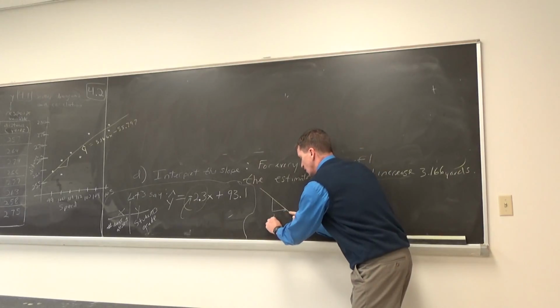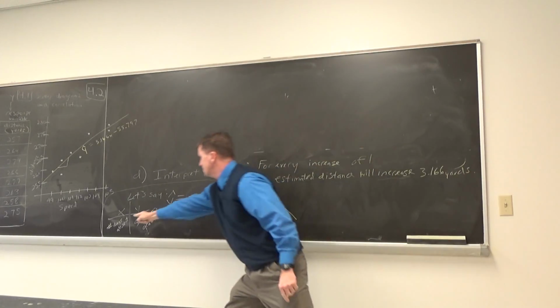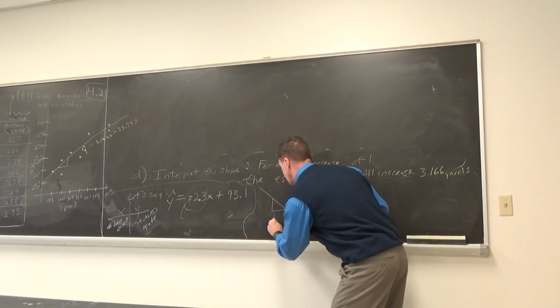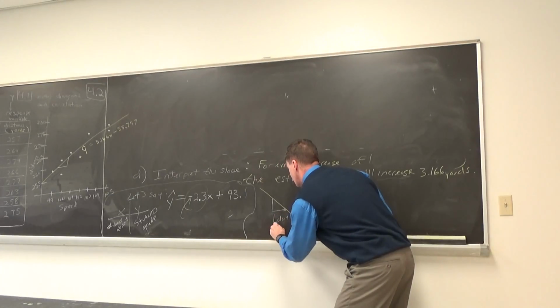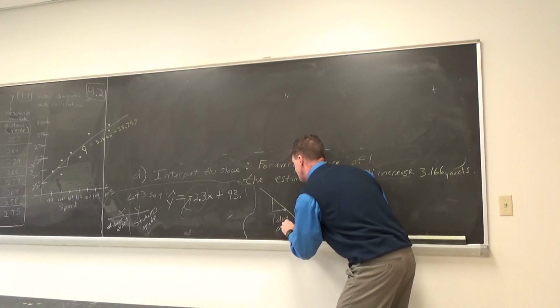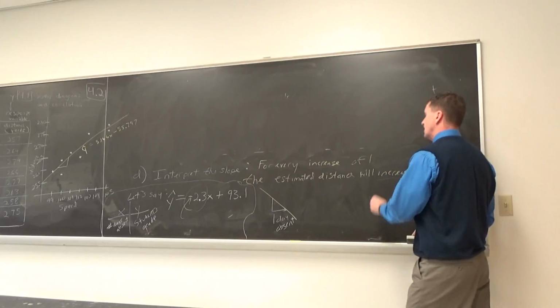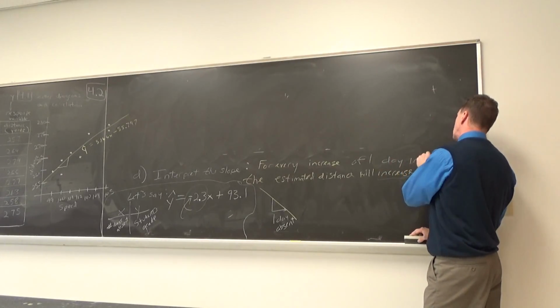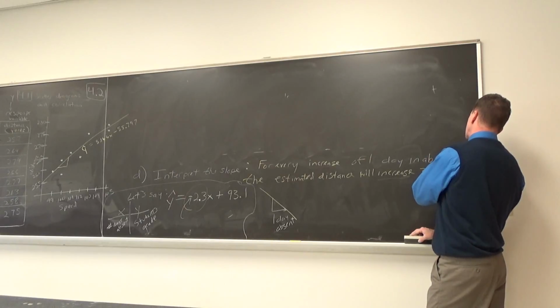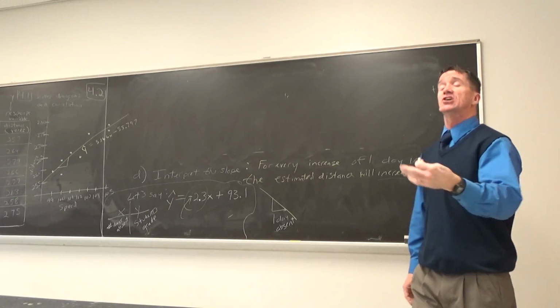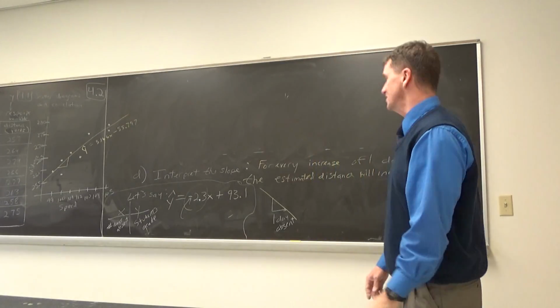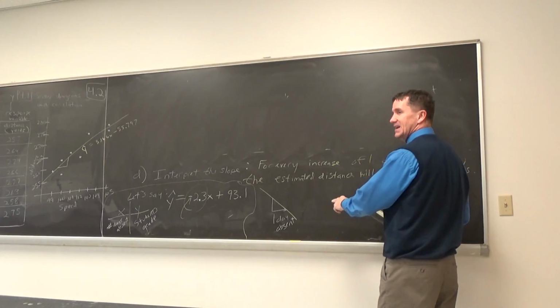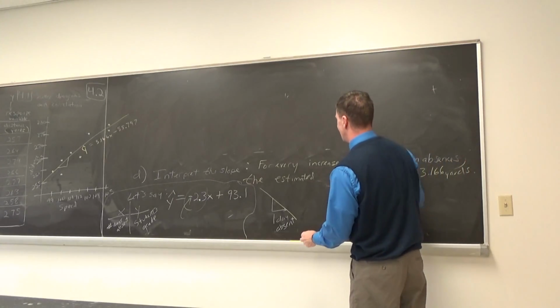This was 1, but x was days absent. So when this is 1 day absent, I have to talk about this slope. For every increase of 1 day in absences, or you can just say 1 day absent, for every additional day that a student's absent, the estimated what word?